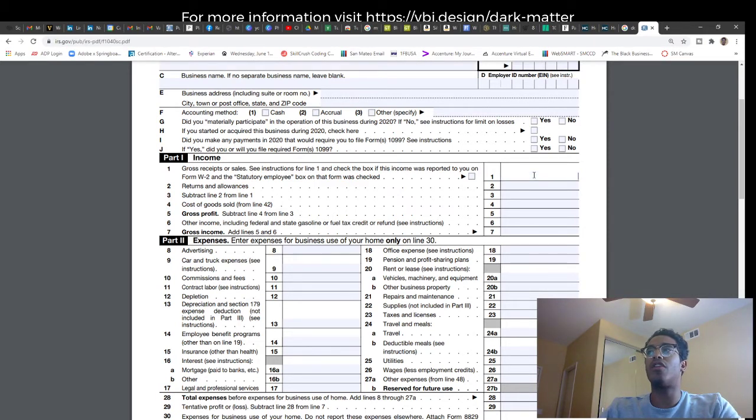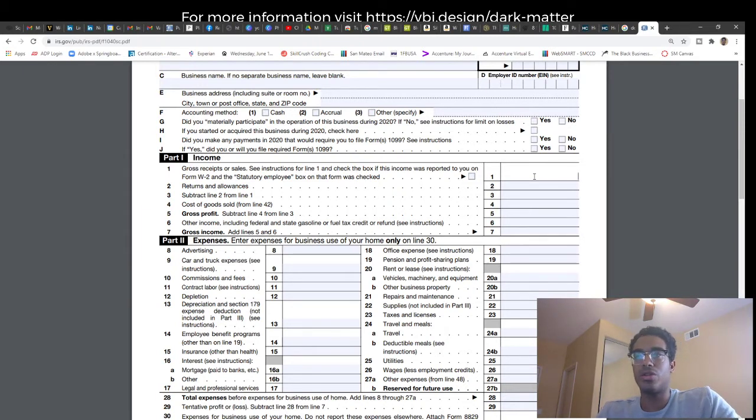For income, it's typically just gross receipts or sales. So just the total amount of money that you made from your business. And this is based on however much is listed on your form 1099-MISC, as in 1099 miscellaneous. Or for 2020, there's also the form 1099-NEC, which is the 1099 non-employee compensation form, which you'd likely get from YouTube, Lyft, or Uber, which consider you either a partner or a sole contractor.